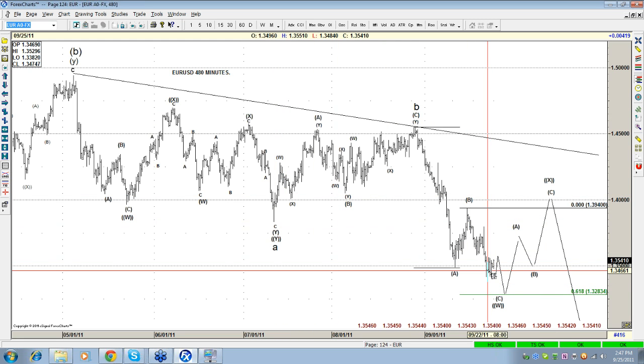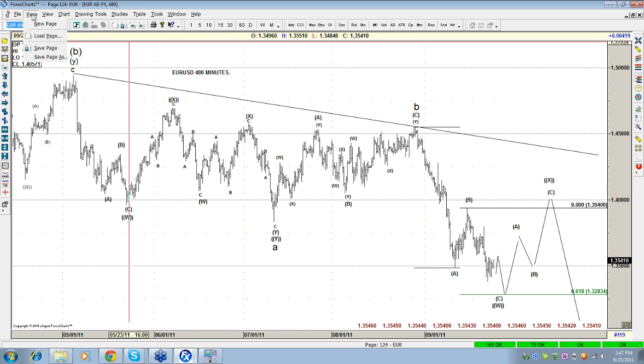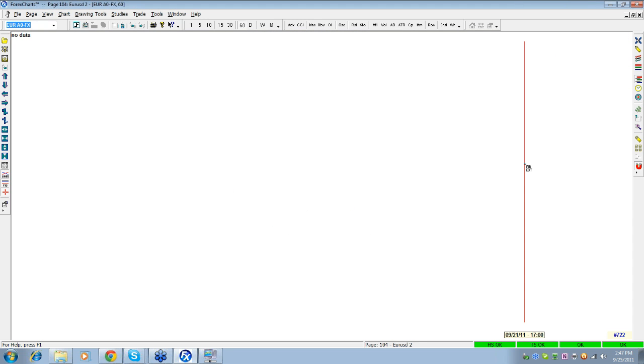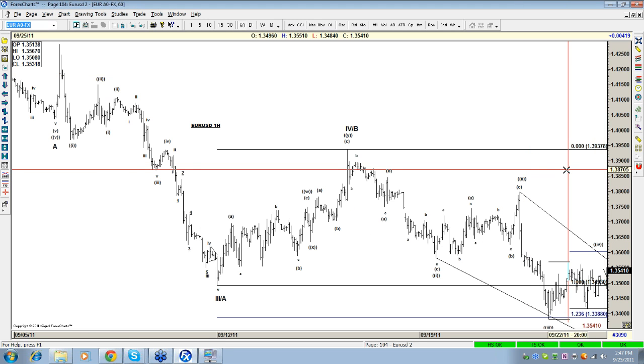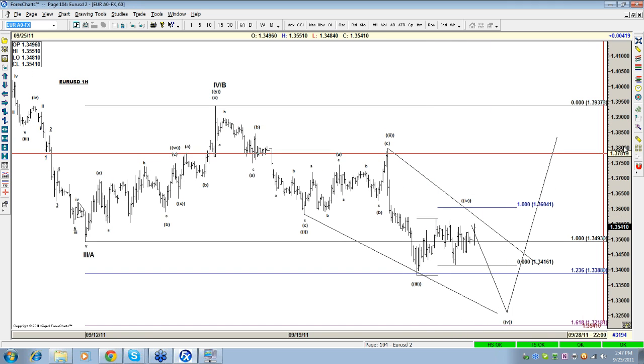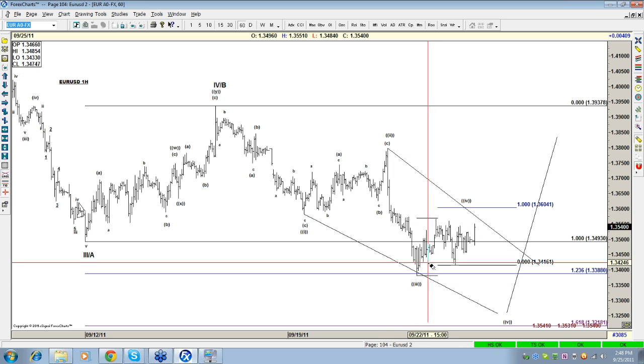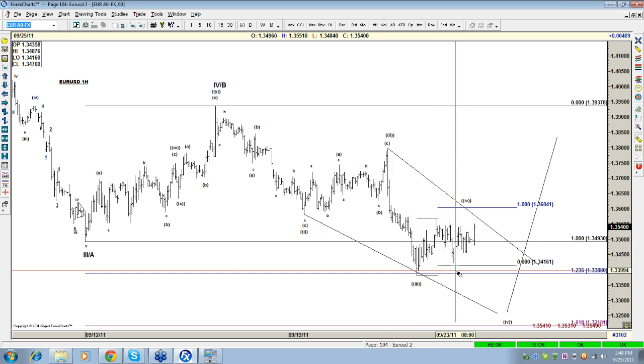That is not the case yet. So, getting back to the 1 hour on the euro dollar, this is what I see after the weekend. This is my preferred account. Look, I see that it did 1, 2, 3, 1, 2, 3, 1, 2, and 3.